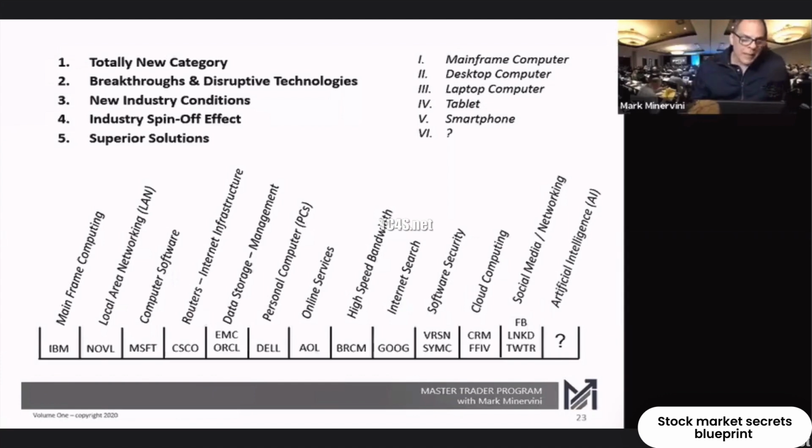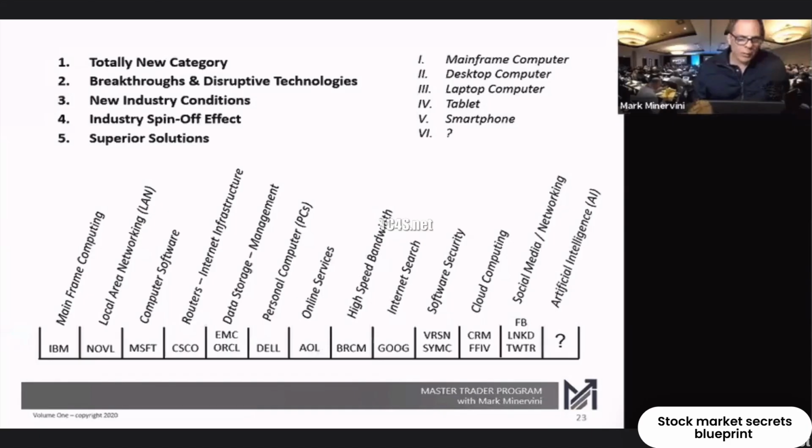The main thing to realize is that each industry not only builds on the previous industry, but creates conditions for completely new categories. Like, for instance, Netflix, completely new category. Amazon, completely new category. Microsoft at the time, Windows, completely new category, completely new technology, changed everything. The internet, completely new technology, totally new category, breakthrough technologies, disruption, okay? So let's look at how that looks.